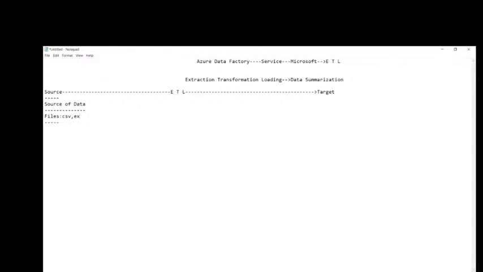So we have CSV files, Excel files. Then tab delimited files, yes, TSV files, which stands for tab separated value files. And XML files, which is extensible markup language.